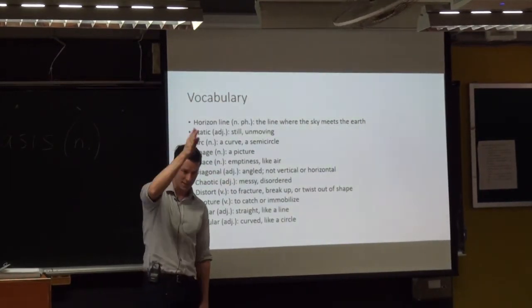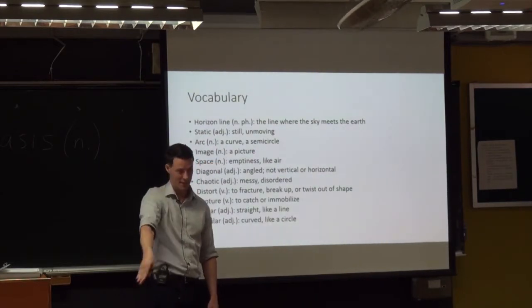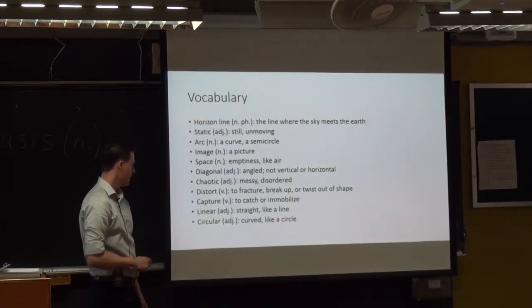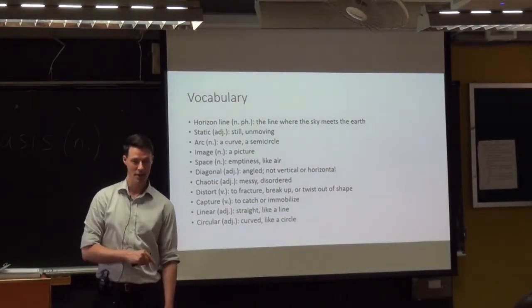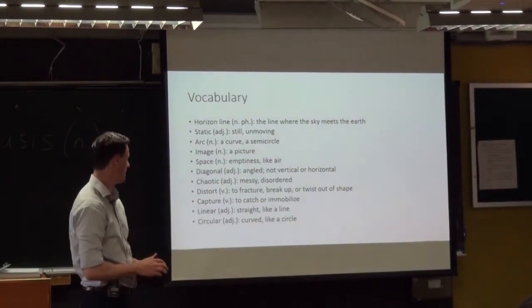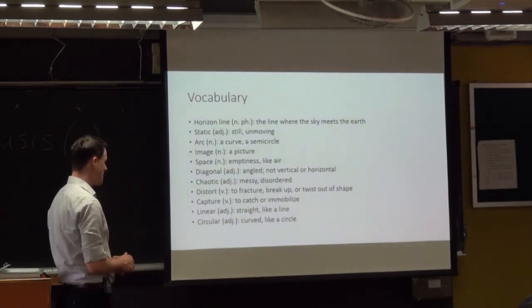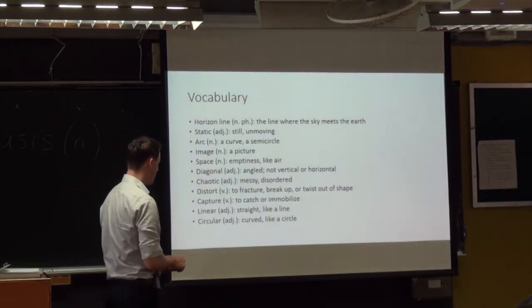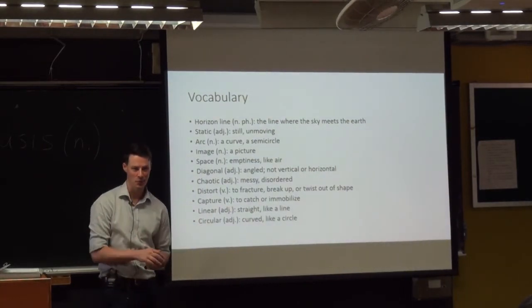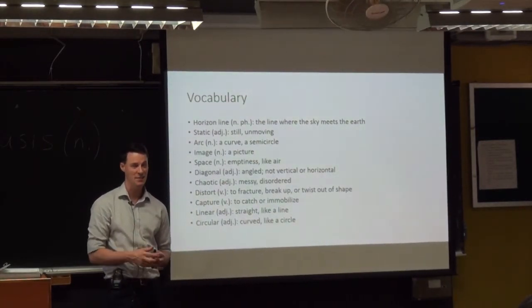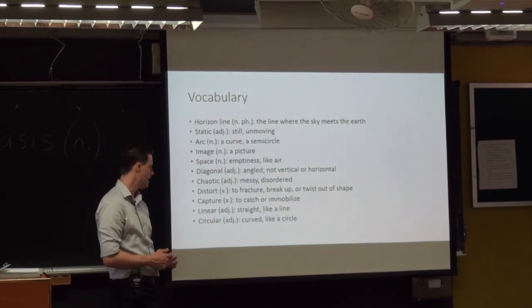It's not horizontal, it's not vertical, but it's angled like a diagonal. Chaotic means messy or disordered. Some paintings look very chaotic. Like, what's going on in this painting? I can't even tell. That's a kind of chaotic picture.